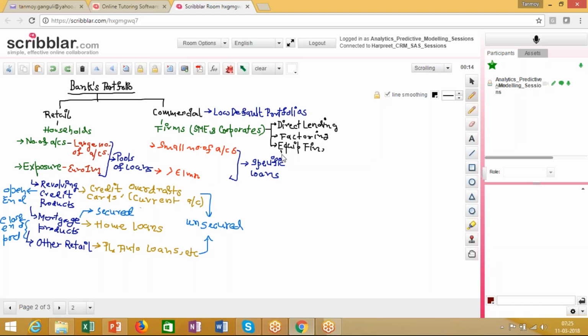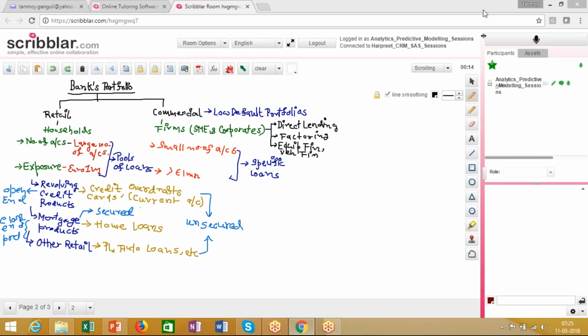Like equipment finance, vehicle finance. Vehicle finance is also called fleet finance, right?